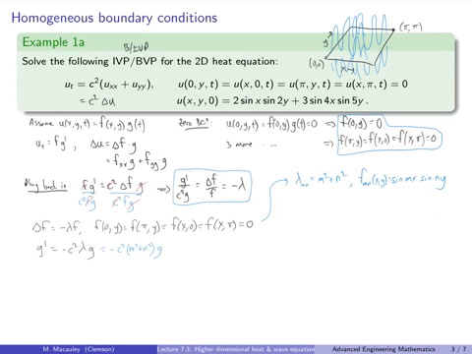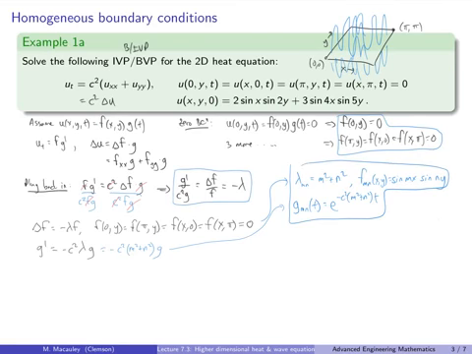So, similarly, we get that g mn of t equals e to the negative c squared times m squared plus n squared times t.